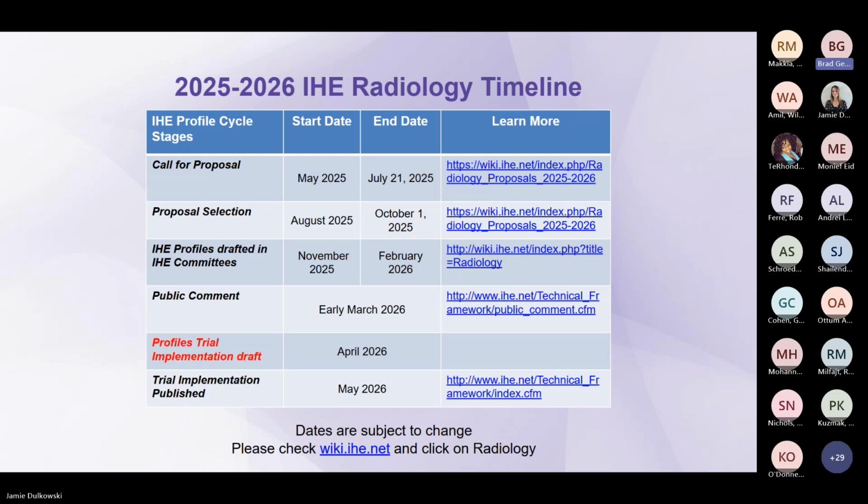There will be a public comment period that starts around February, ends in roughly March. They'll be finalized for trial implementation around April and published around May. And so that is the workflow. It all starts though with the proposals. So if you're considering one, definitely get it in before July 21st.